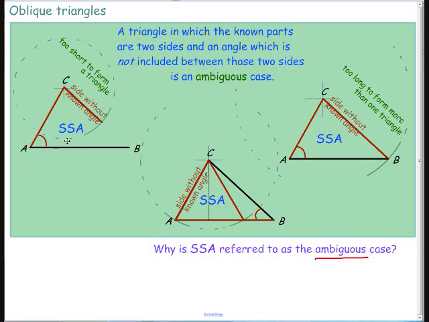This is always ambiguous, and I'll show you why. We could have a side. Let me see if I can move this, which is too short to ever form. See, that would be our best shot right there, and doesn't make a triangle. So, too short to ever form a triangle.